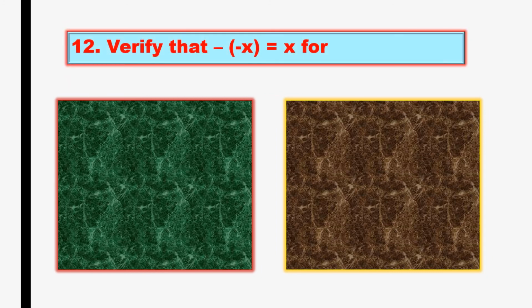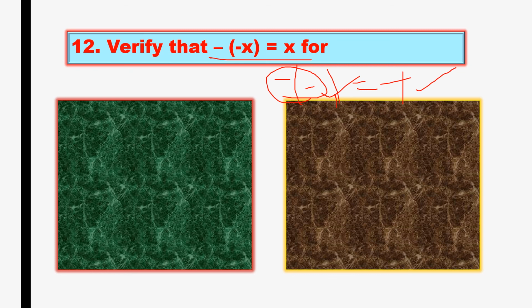Your next question is, verify that minus of minus x equals x. Anyhow we know minus into minus is plus only, right? So when you multiply minus into minus with any number, you will get a plus number as your answer. So here he asked to verify it.